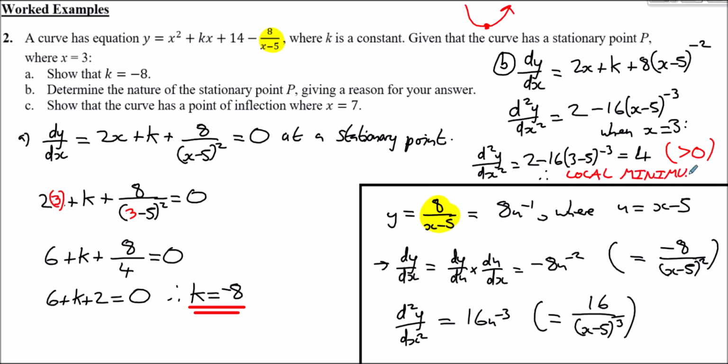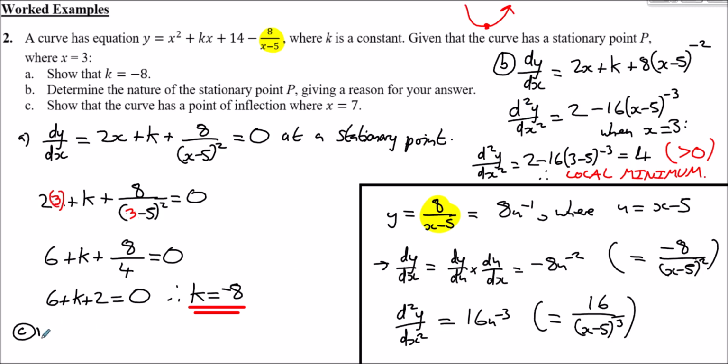Finally, part C. Show that the curve has a point of inflection where x equals 7. So for part C. So when x is 7, what we can do here is actually just work out what the second derivative is when x is 7.